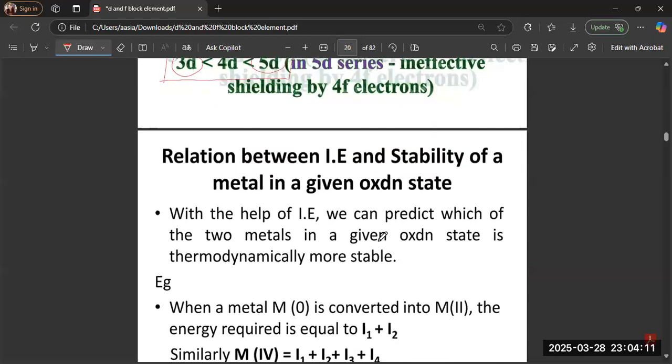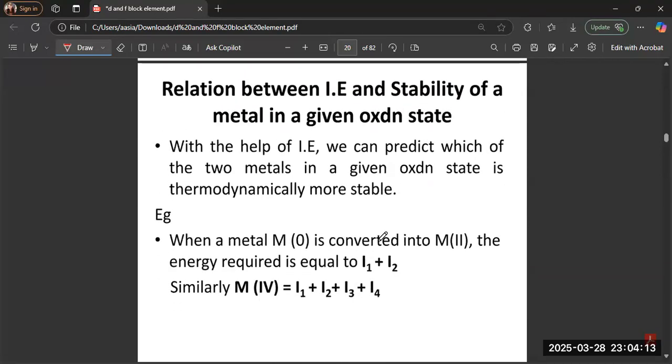Now let's see the relationship between ionization enthalpy and stability of a metal in a given oxidation state. With the help of ionization enthalpy, we can predict which of two metals in a given oxidation state is thermodynamically more stable. For example, when a metal in the zero oxidation state is converted into M2+, the oxidation state changes from 0 to +2.